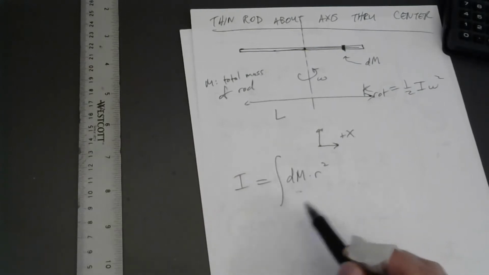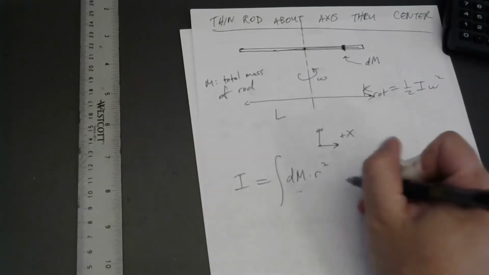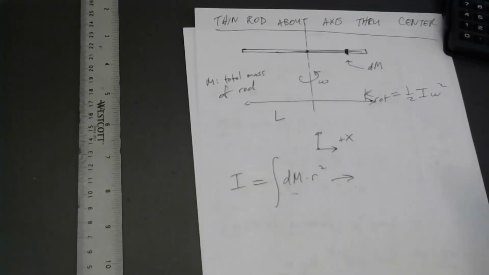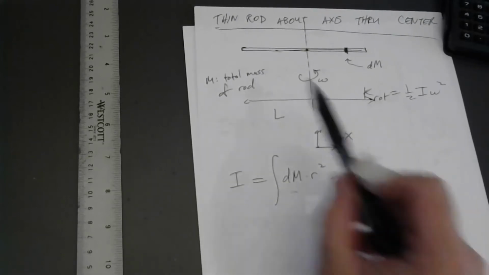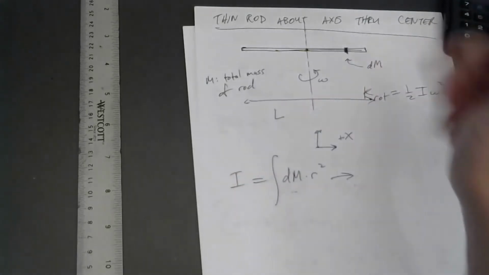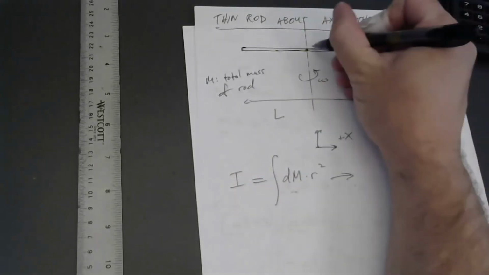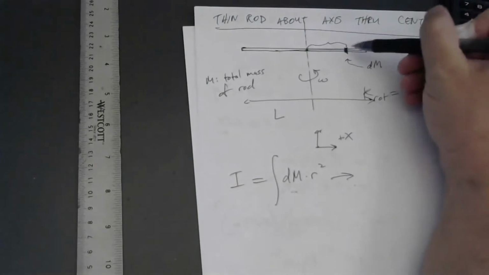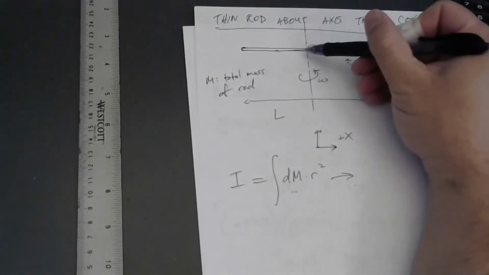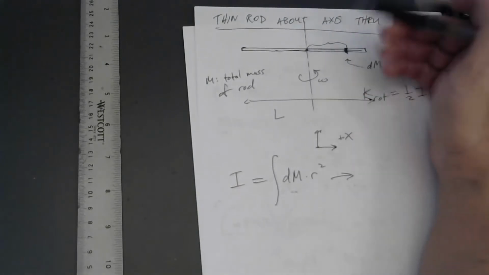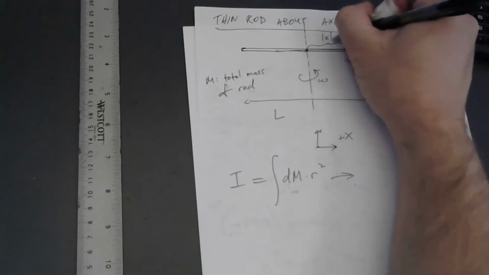We have to turn this into something that we can integrate. Well, the first thing we can do is recognize that since I'm using the letter x for this axis, the distance of this little piece from the axis of rotation would just be the absolute value of its x-coordinate.